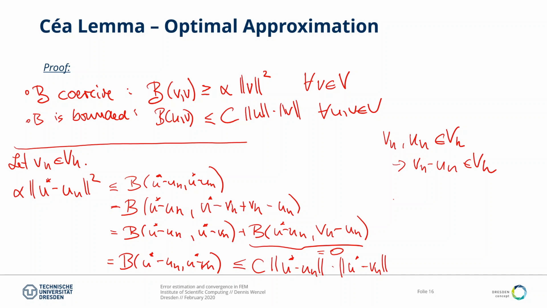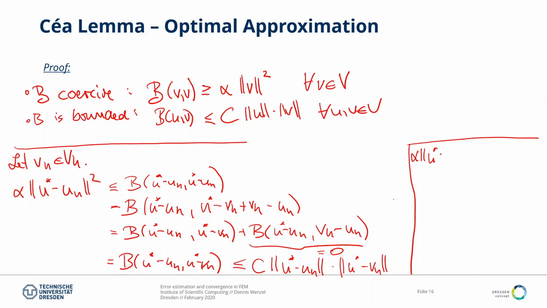Now I'm going to put this away for a second, and I need just some more space. So what I have now, if I combine those two parts, is alpha times the norm of u star minus UH squared less or equal C times the norm of u star minus UH times the norm of u star minus VH.